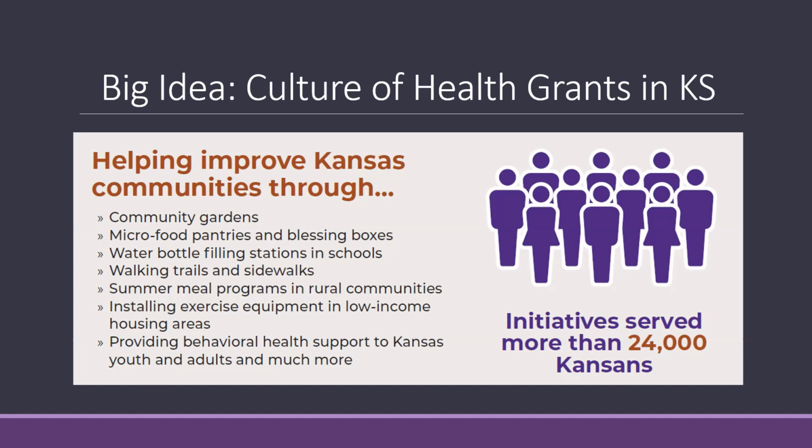There was a particular area where kids did not have a sidewalk to get to the school safely, and we were able to contribute funds to build that sidewalk. Also providing summer meal programs in rural communities, installing exercise equipment in a low-income housing area. That one was really cool, and a lot of older adults lived in that area. Then providing behavioral health support to Kansas youth and adults, and so many more things.